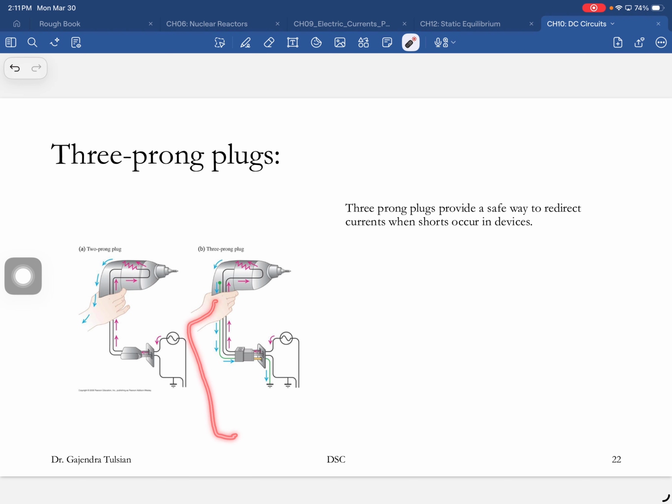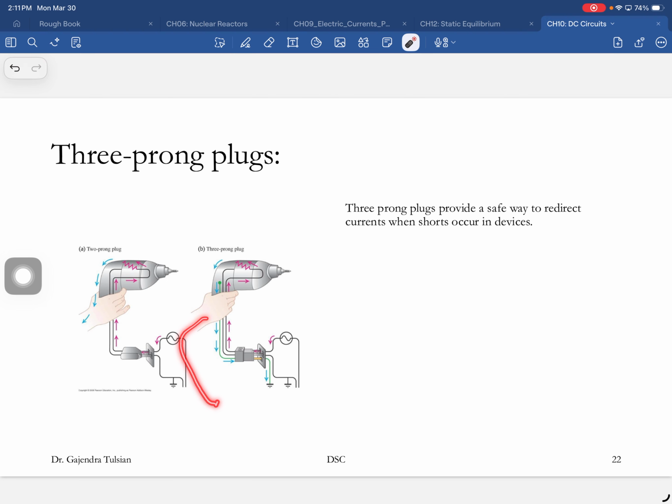So you provide two live wires 180 degrees apart. The utility provides two live wires, one at 120 volts and another at minus 120 volts, 180 degrees out of phase. It's a sine wave.